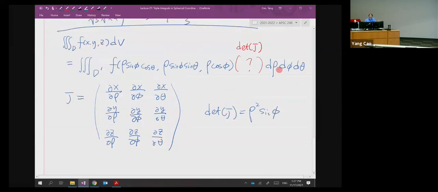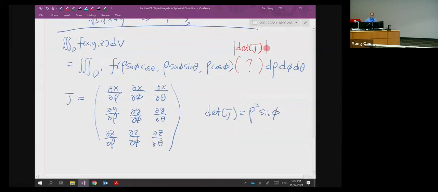So technically, this should be the absolute value of the determinant of the Jacobian, but because all the numbers here are naturally positive, you don't need an absolute sign anymore. So the question mark should be replaced with rho square sine phi. So that's what I'm going to replace over here. So this is going to be rho square sine phi.